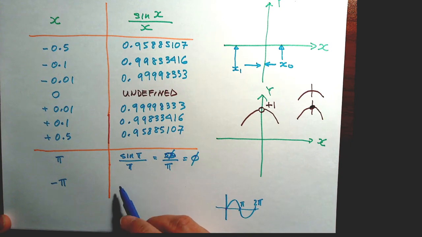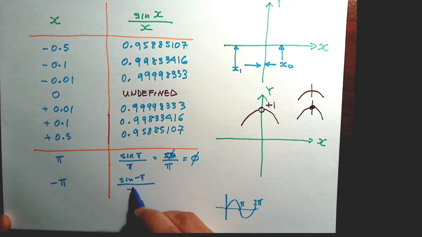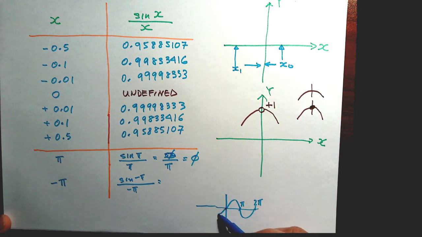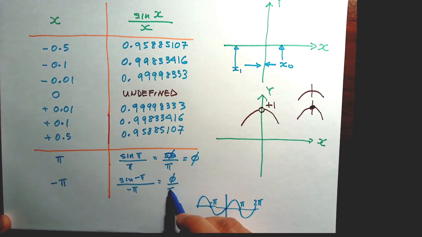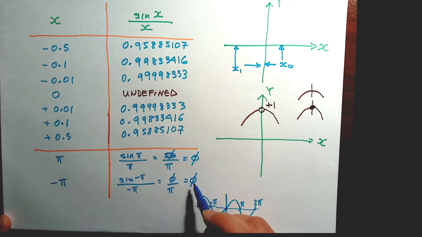Likewise, for sine minus pi over minus pi, sine of minus pi is also 0. So 0 over minus pi is also 0.